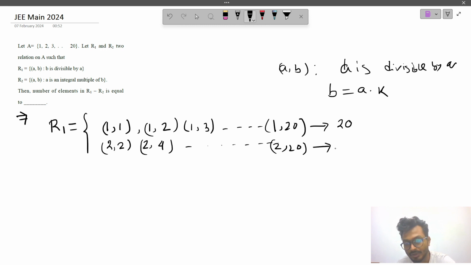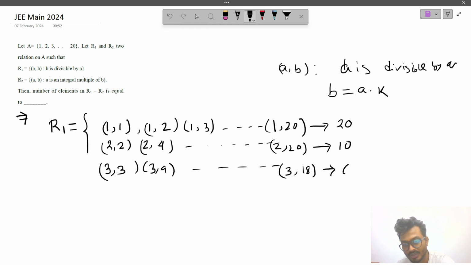So how many terms? 10 terms, 20 by 2. Similarly for 3, if we take the first element 3, then we get (3, 3), then (3, 6), (3, 9), and this is up to (3, 18), right? So there will be 6 elements.